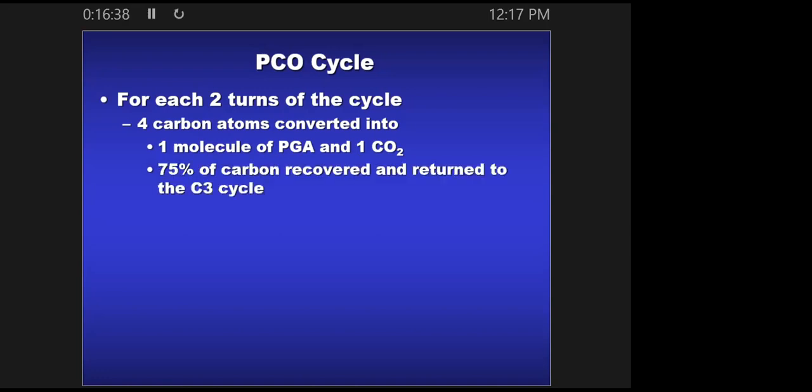So it's kind of the opposite of what the Calvin cycle is doing. So basically 75%, or 3 out of the 4 carbons, is recovered through the PCO cycle and put back into the C3 cycle, but then that last carbon is given off in the form of CO2. So that's why they call it photorespiration. It's respired off.